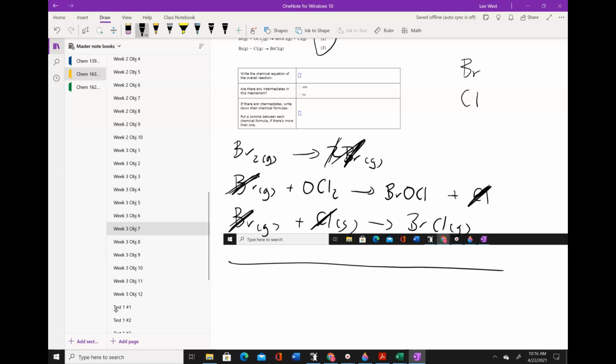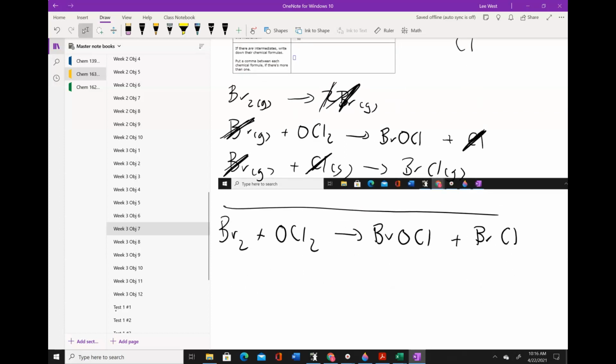So there we go. So we've got Br2 plus OCl2, and the whole of the last one cancels out, gives nothing there, and then that's going to be BrOCl plus BrCl. There we go. So that looks good. You always want to check that your overall equation balances.